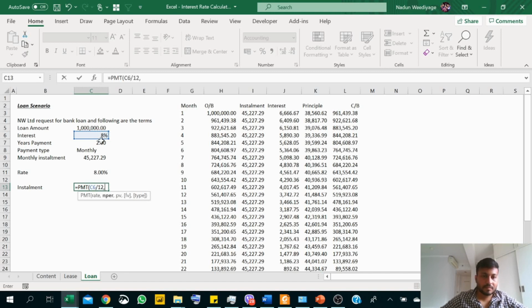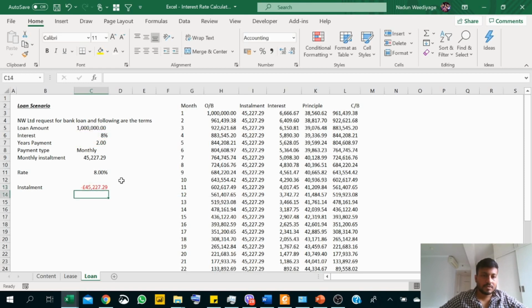And the number of payments is again 2 into 12, because this is a monthly payment, and the present value is 1 million, and the future value keep it blank, at the end of the period, and close. So you will get 45,000.